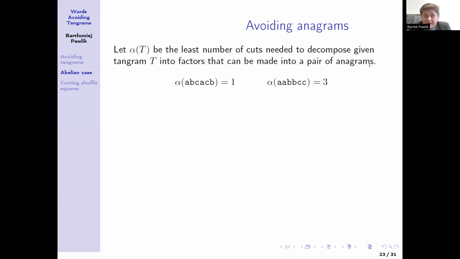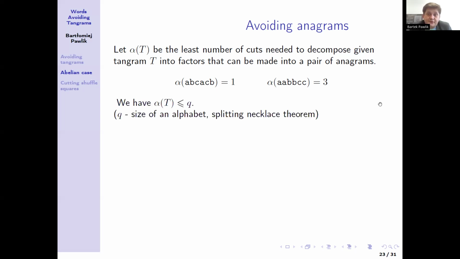So for ABC and ACB, this is not a square, but the value of the function alpha is 1 because ABC and ACB are anagrams. But the tangram AABBCC has to be cut between the A's, B's, and C's, here and here, and this is the least number of cuts. So alpha of this is 3.